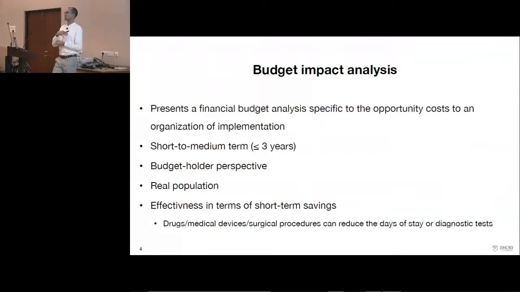Usually for budget impact analysis, we consider only costs in the short term, up to about 3 years, because whatever happens next, that's future generations' problems. For this type of analysis, the perspective is the budget holder, whoever is going to pay for the vaccination in this case.